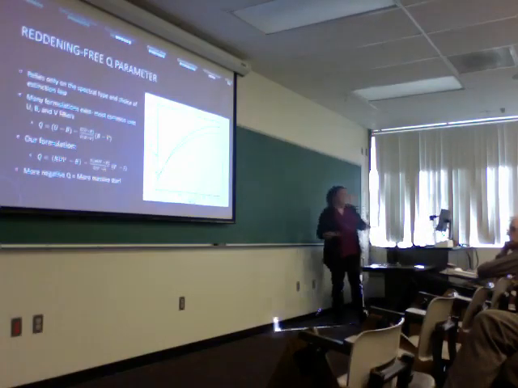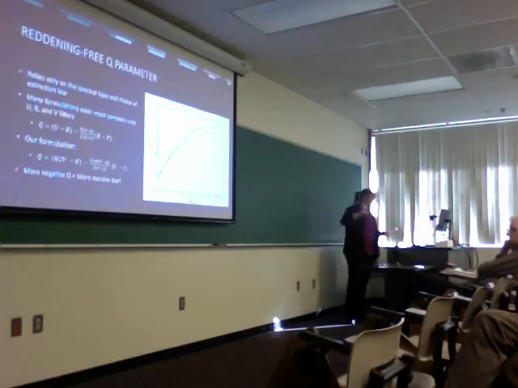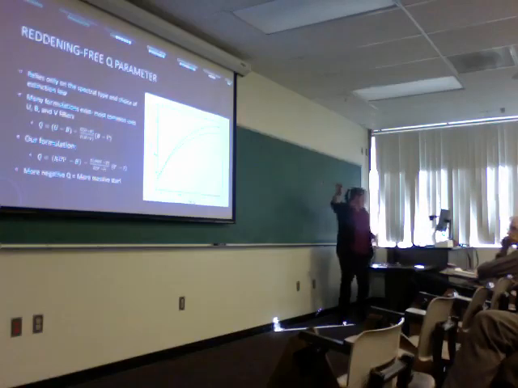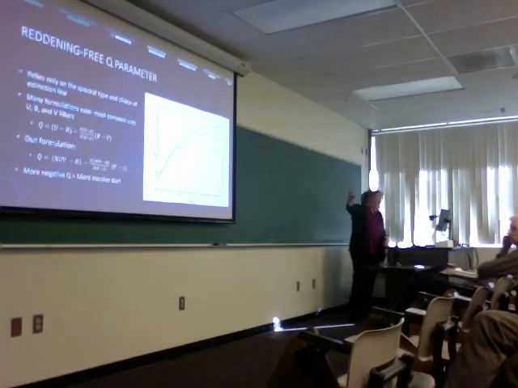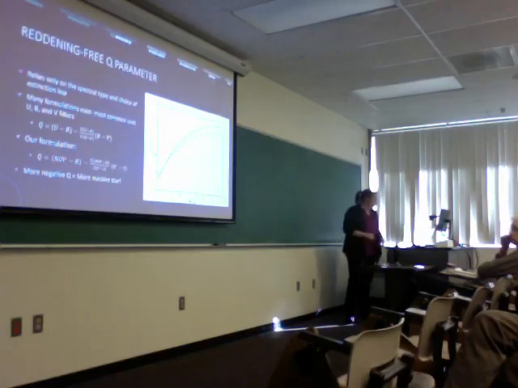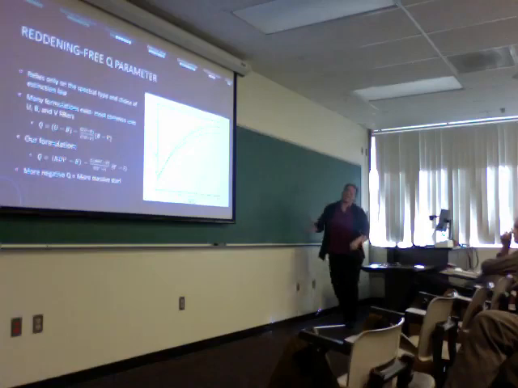You don't need to know anything a priori to get a Q value. You don't need to know dust. It's just a calculation based off of the observations directly. A lot of formulations for this Q parameter exist. Most use the U, B, and V filters. I'm going to be using the near UV, B, V, and I filters.